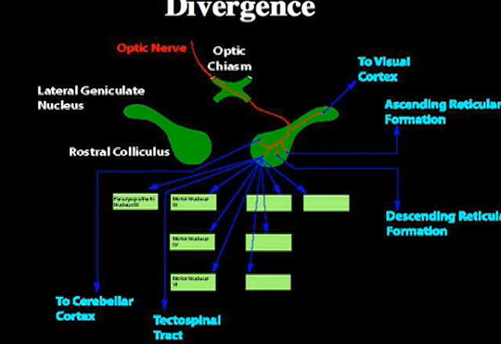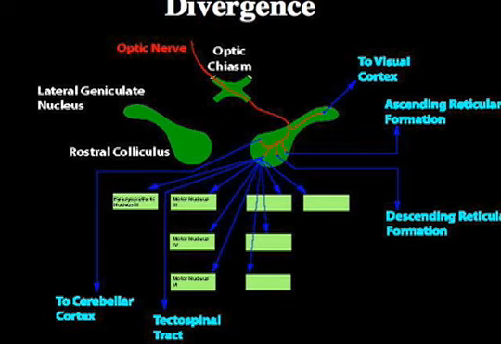One of the places we saw that last semester was in the optic pathways, and hopefully you'll remember this diagram. Everybody nods wisely and sagely because they learnt it for their exams. Good on you. And you will notice that the optic nerve is coming in to the lateral geniculate nucleus and the rostral colliculus and diverging, sending information to the visual cortex, to the reticular formation, to the cerebellar cortex and the tectospinal tract, and to the motor nuclei and the parasympathetic nucleus responsible for controlling the eye.